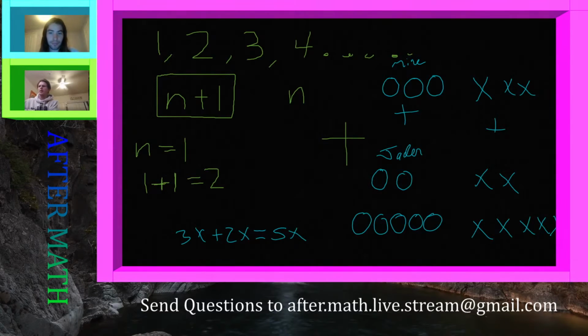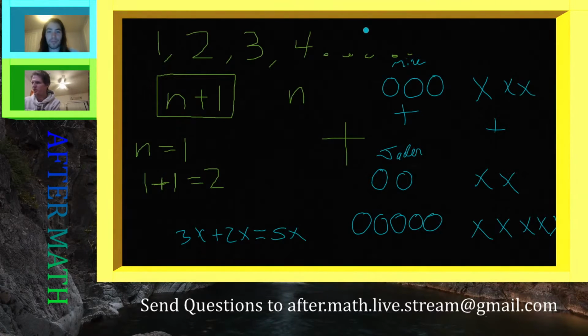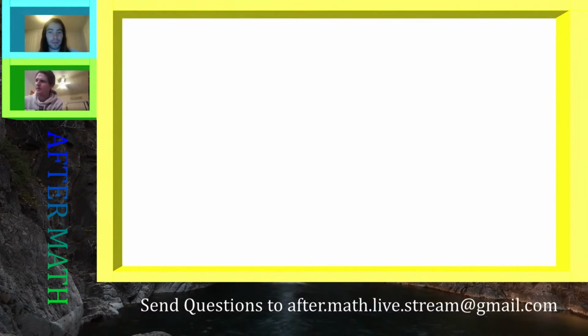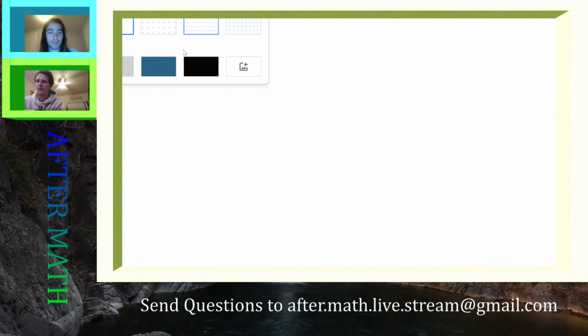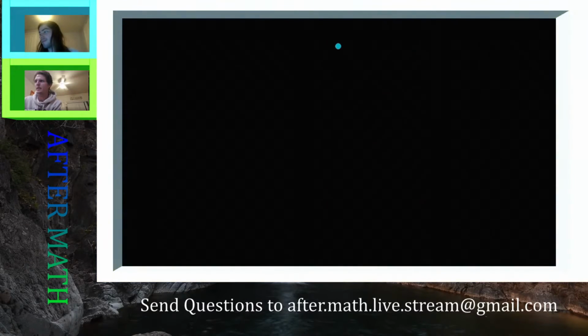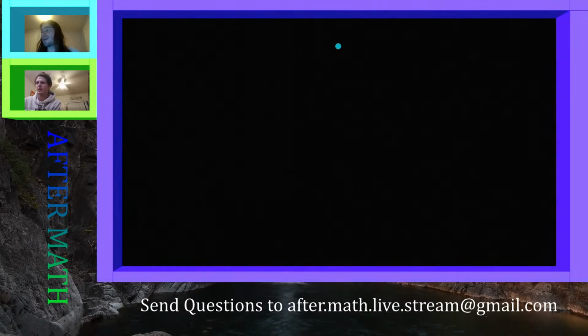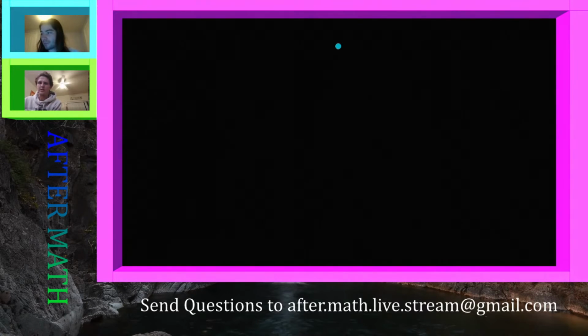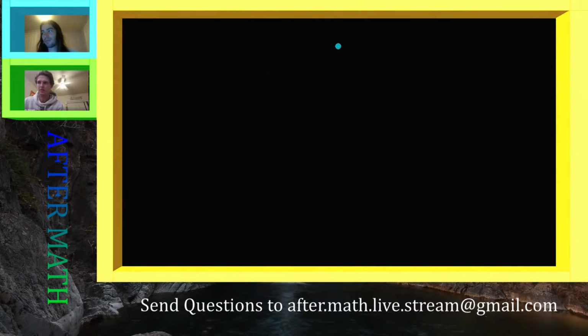Okay. And then what about, should we make a new page? Yeah, we're definitely getting a little messy there. Okay. I feel like what would follow addition would be subtraction, right?